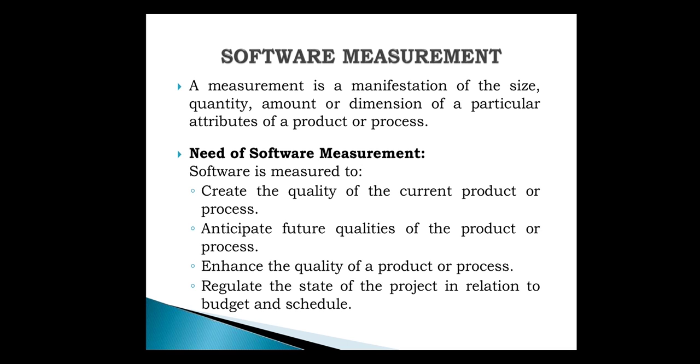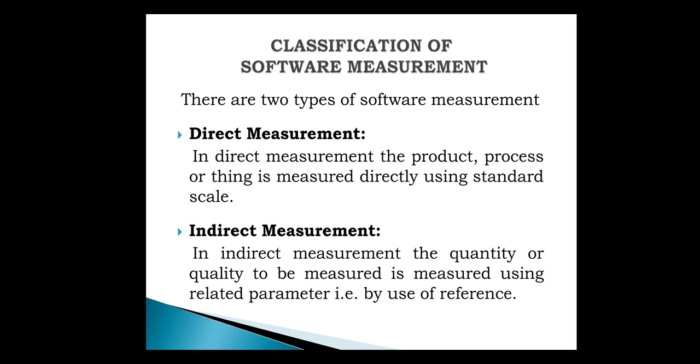Okay, next is classification of software measurement. There are two types of software measurement. First is direct measurement and second one is indirect measurement. In direct measurement, the product, process or a thing is measured directly using a standard scale.